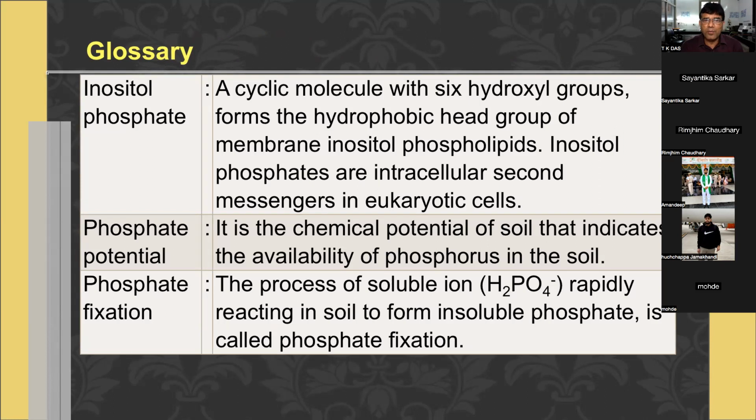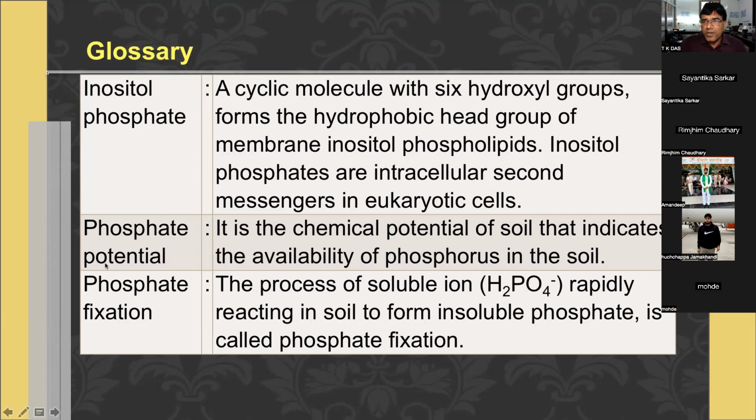A cyclic molecule with 6 hydroxyl groups forms the hydrophilic head group of membrane inositol phospholipids. Inositol phosphates are intracellular second messengers in eukaryotic cells.